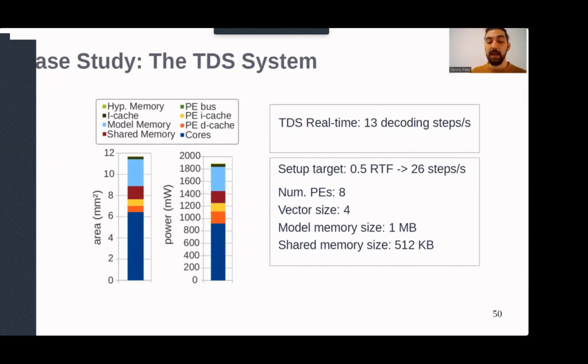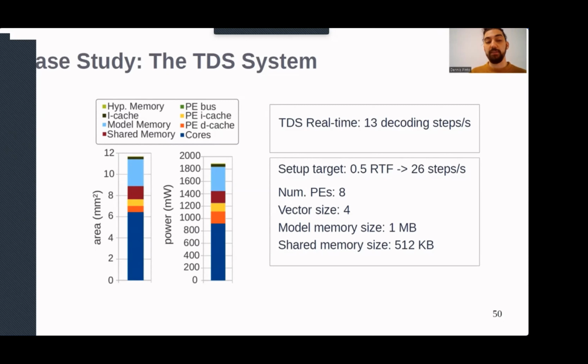And each layer bigger than the memory can be broken down into several kernels. For example, if a kernel requires 2 megabytes to store the weights, we can divide it into 2 kernels. The first kernel computes half the neurons, and the second kernel the other half, reducing the memory requirements of each kernel to 1 megabyte, enough to fit in the model memory.